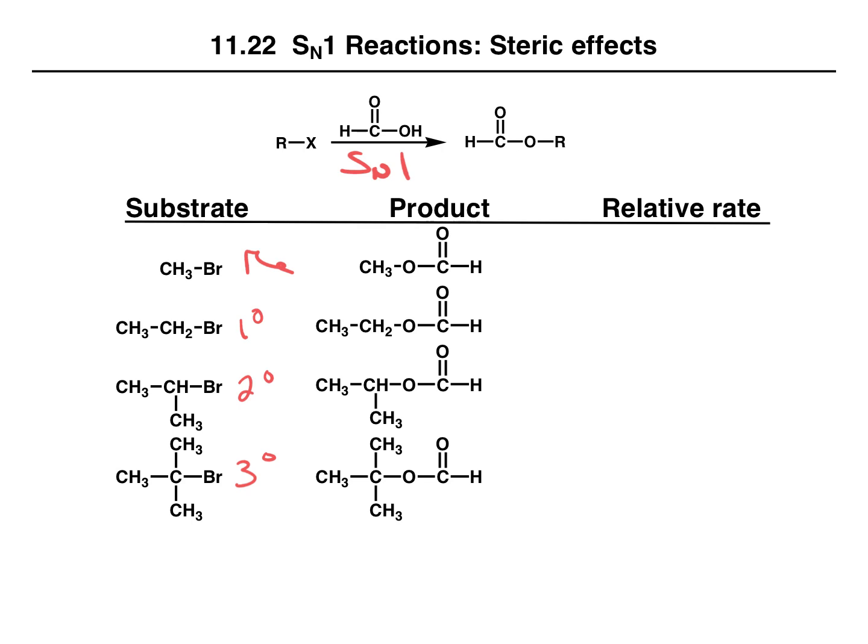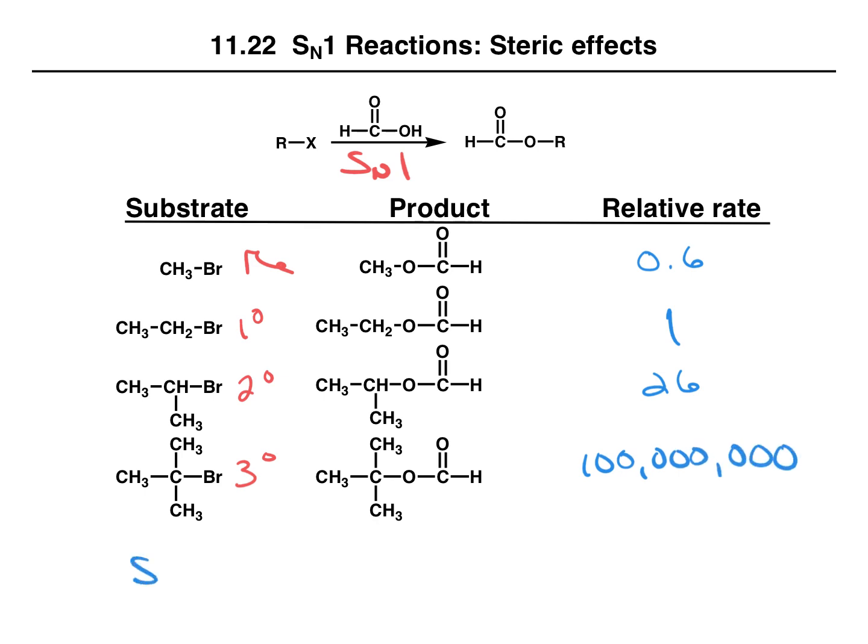And the relative rate, if we call the primary 1, the methyl bromide is 0.6, and then the secondary alkyl halide reacts 26 times faster, and then the tertiary alkyl halide reacts 100 million times faster.